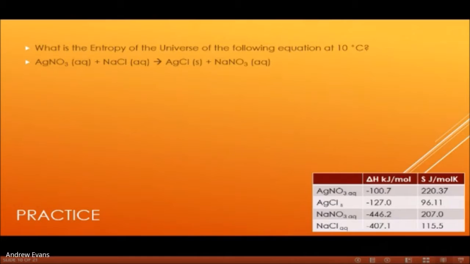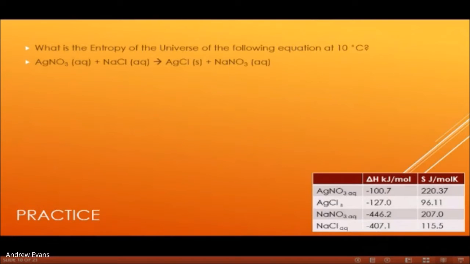So we have for delta H, silver nitrate is negative 100.7 and S is 220.37. Silver chloride is negative 127 and 96.11.